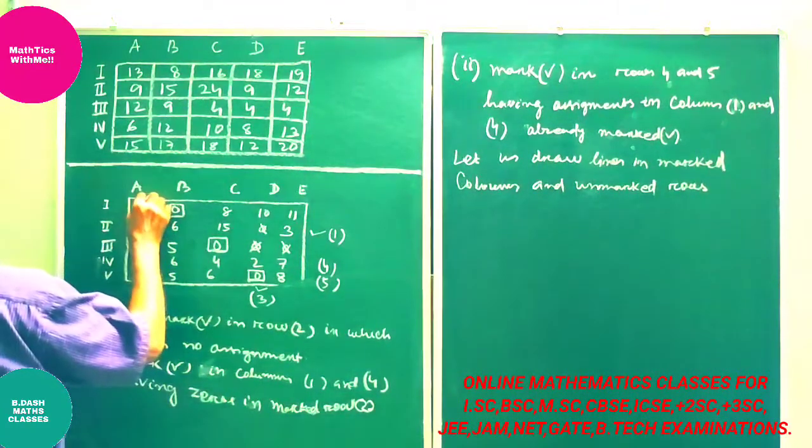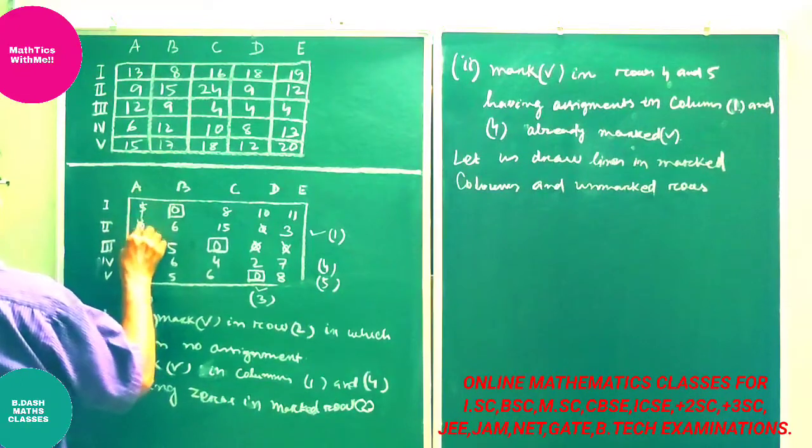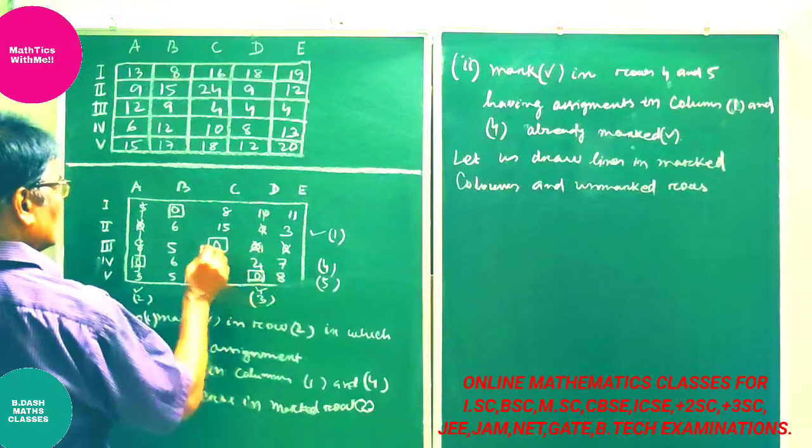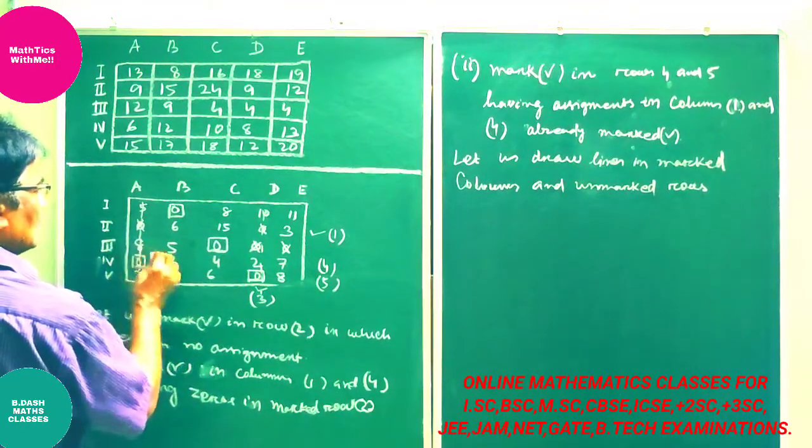So we have marked columns and the marked rows.